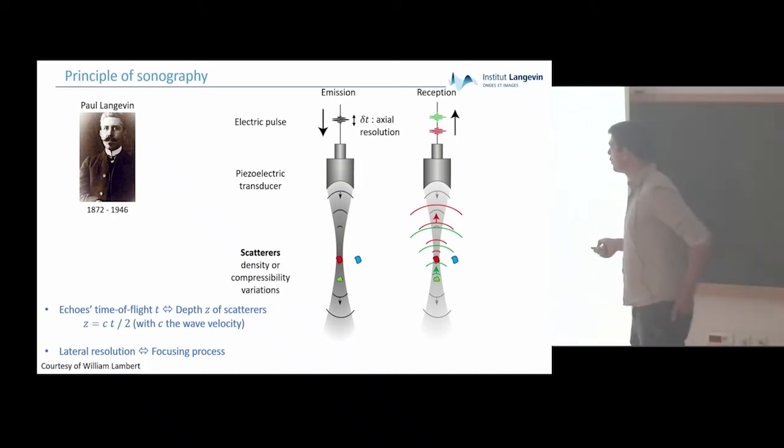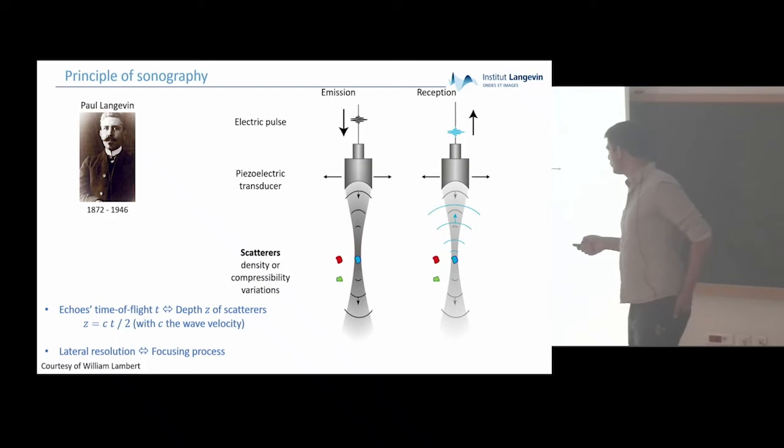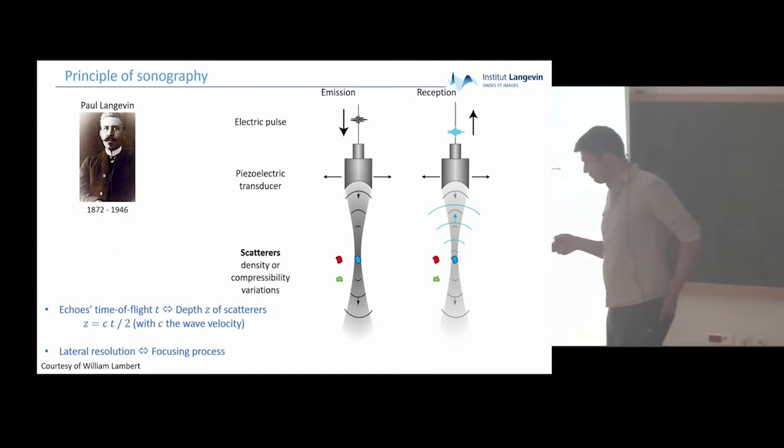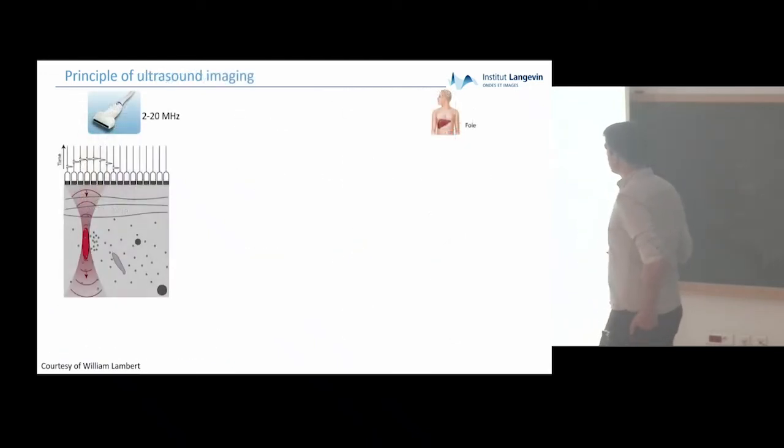This can be done with a concave piezoelectric transducer, and in that case, you will focus on one specific position. You retrieve the signal along this line of the medium, and then you can scan the piezoelectric transducer to retrieve the lateral information. Okay, so very basic echolocation principle.